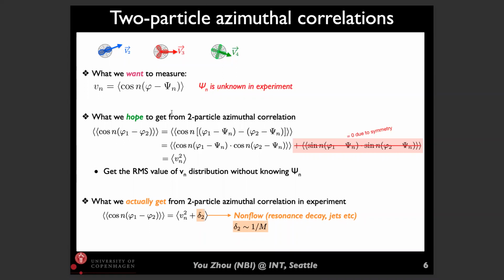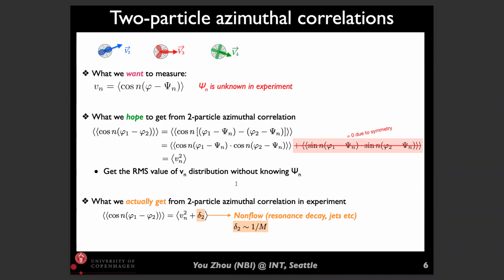We have a correlation between any pair phi1, phi2, and we can do some simple math, and in the end you can get some information on vn squared. That means even if you don't get the mean value of vn event by event, you can calculate the RMS value of the vn distribution based on two-particle correlation without knowing the flow symmetry plane event by event.